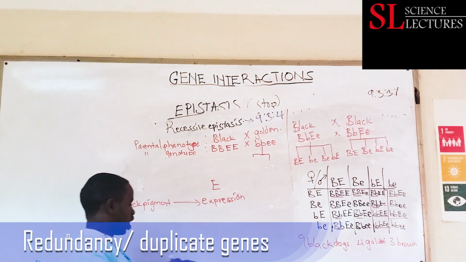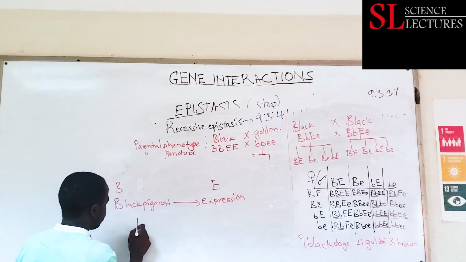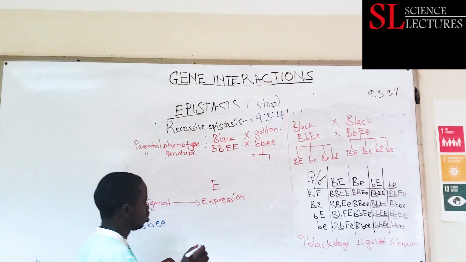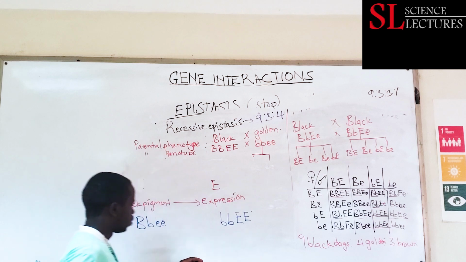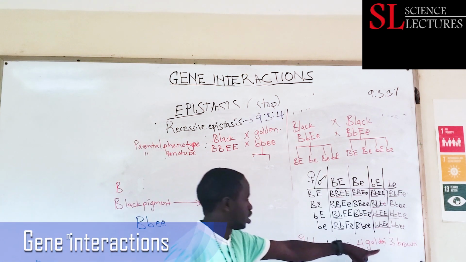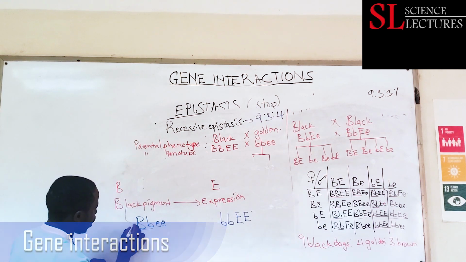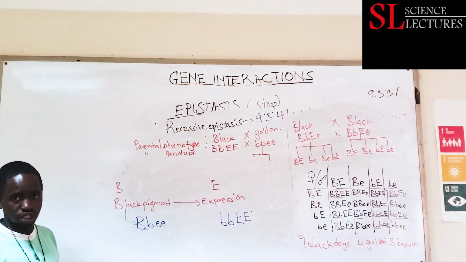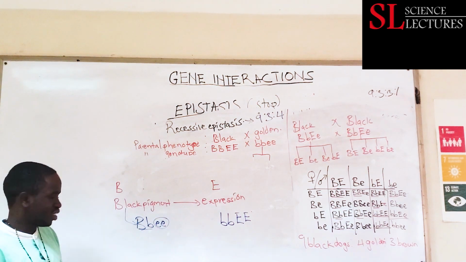What do I mean? I'm going to use an example of this one here. This B, E, E, and I also use B, E, E. We say B, E gives us gold. Why? We shall have the black pigment being synthesized, but this pigment will never be expressed. So that is what it means to have recessive epistasis.